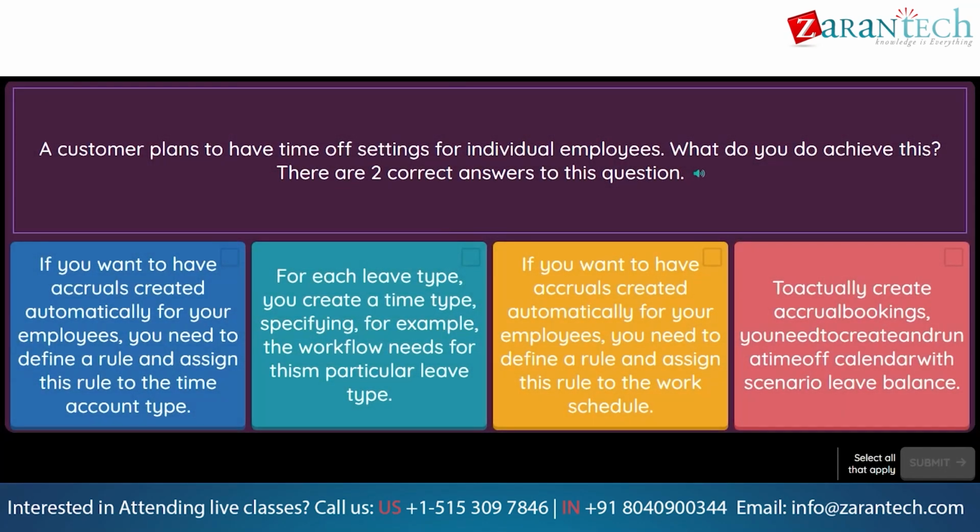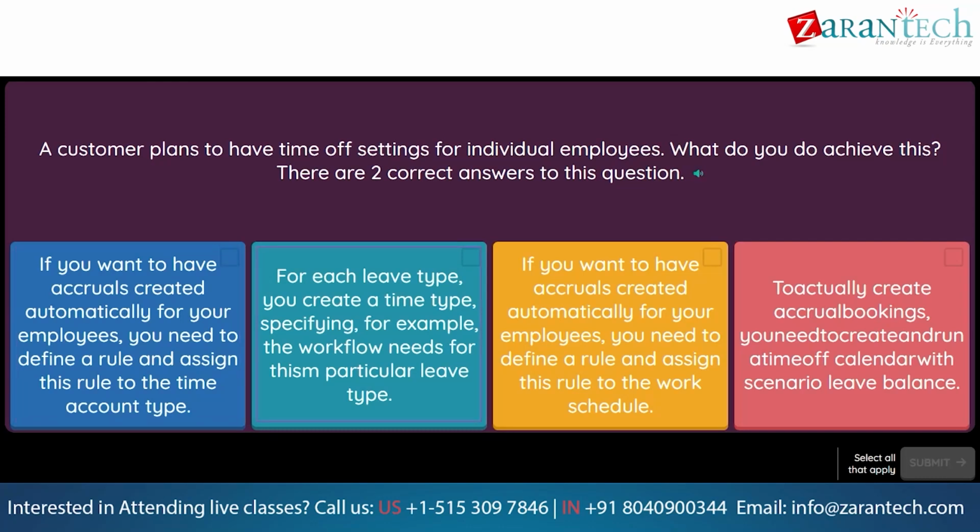Question: a customer plans to have time off settings for individual employees. What do you do to achieve this? There are two correct answers to this question. Option 1, if you want to have accruals created automatically for your employees, you need to define a rule and assign this rule to the time account type.